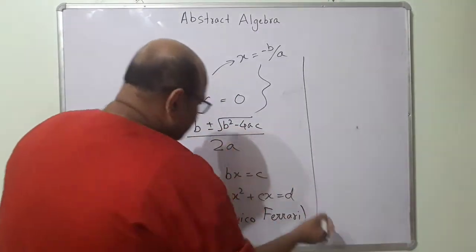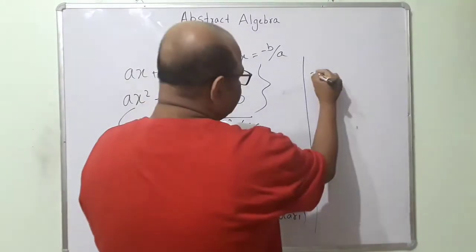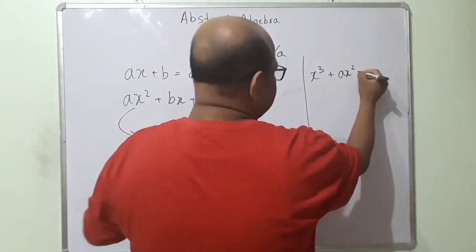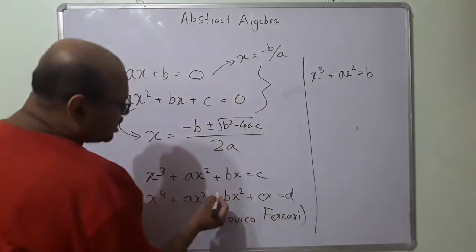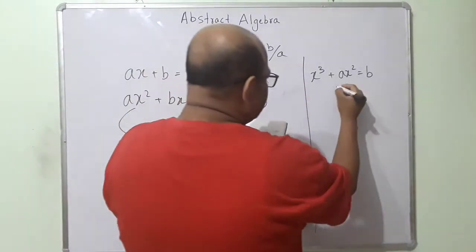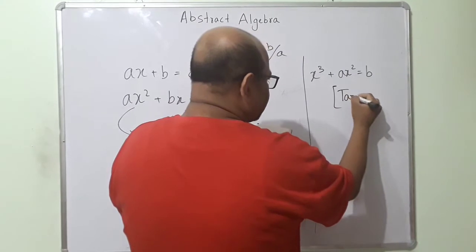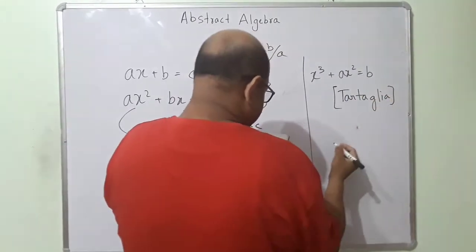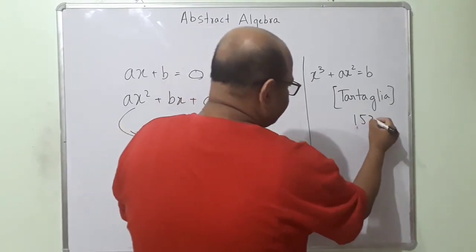First the solution was given for x cubed plus ax square equal to b. This does not have the x term. The solution to this kind of equation was given by someone called Tartaglia, in 1535.